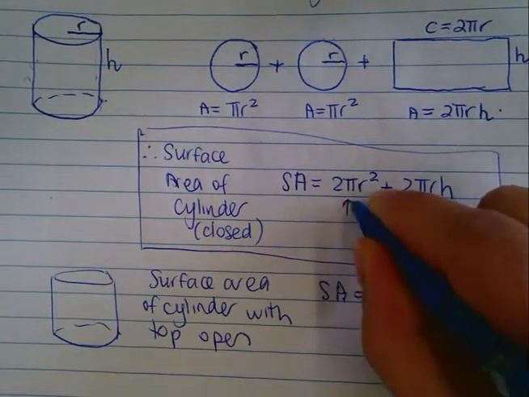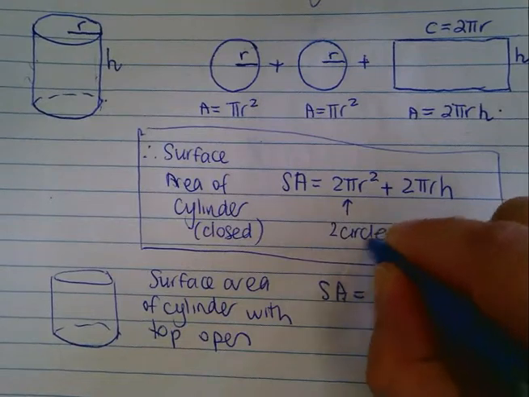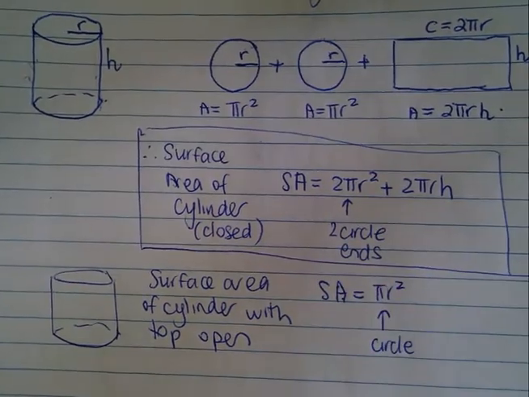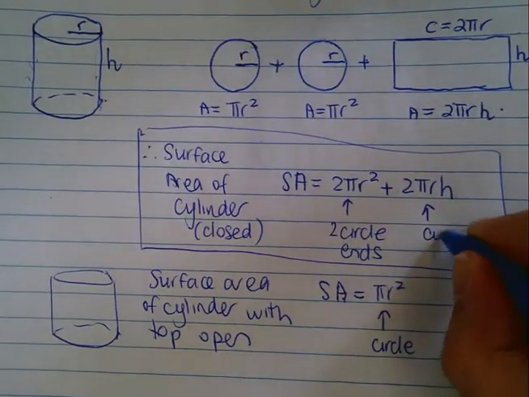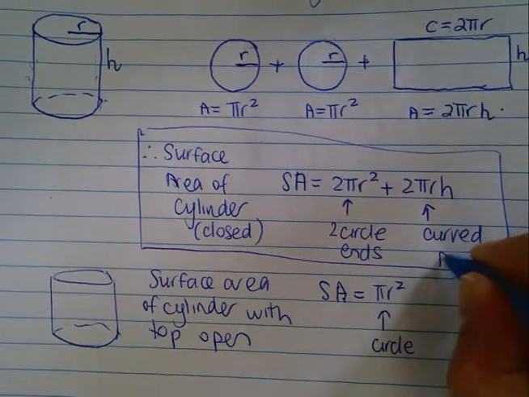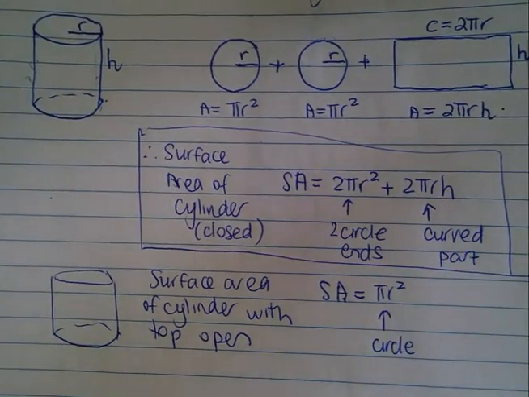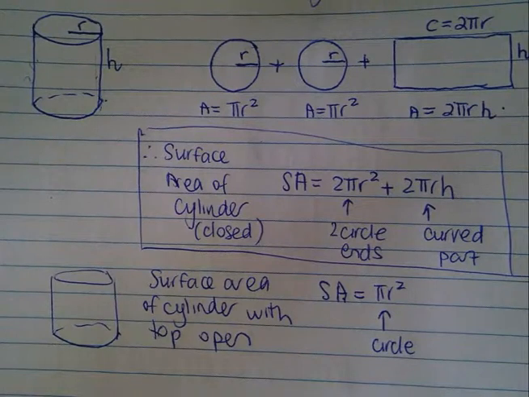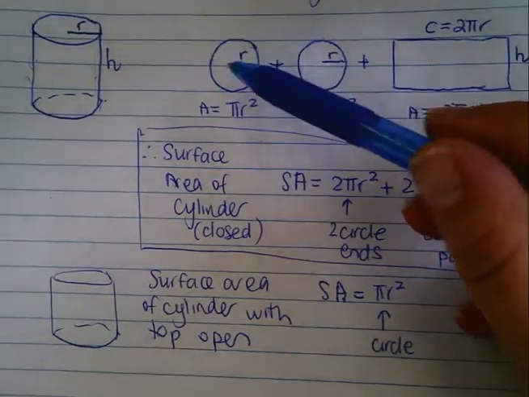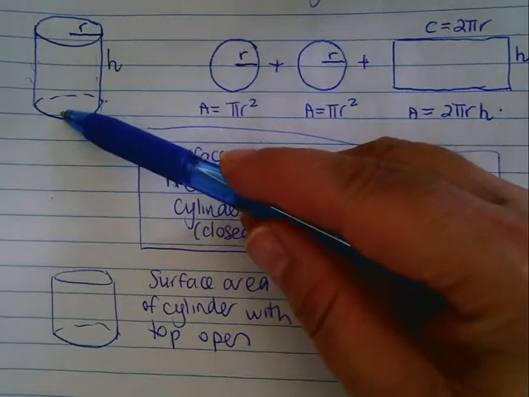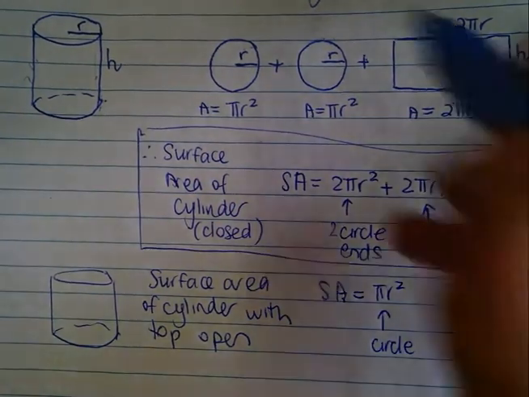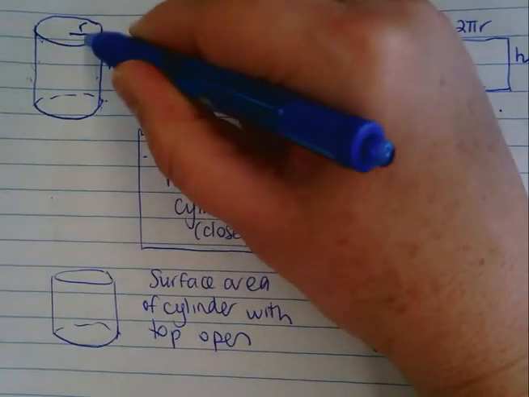So what you have to know is that these are the 2 circle ends in your formula, and this is the curved part. We'll either ask you a fully closed cylinder, open on one end, or we'll ask you a pipe which has got no ends. That's why you need to know that the top is pi r squared, the bottom surface is pi r squared, and the curved bit is this distance, which is 2 pi r times h.